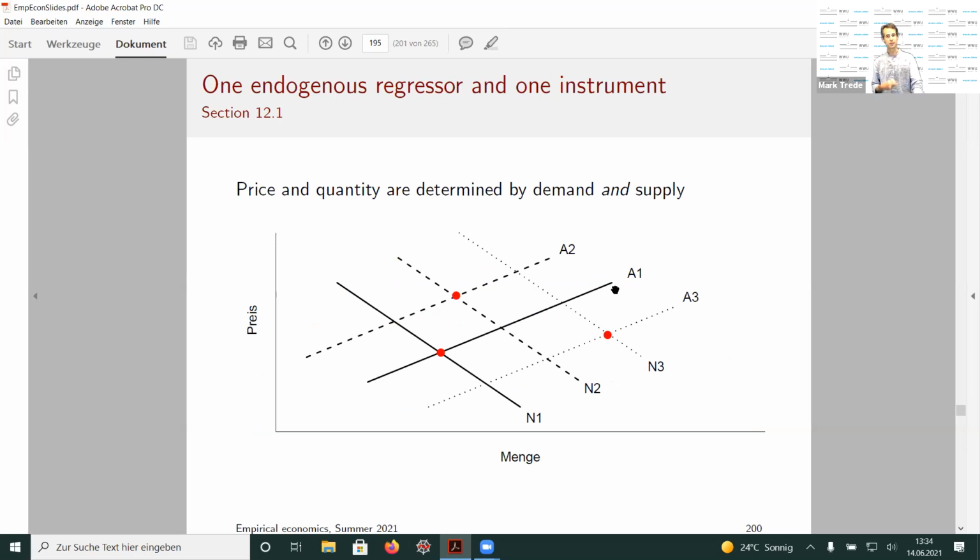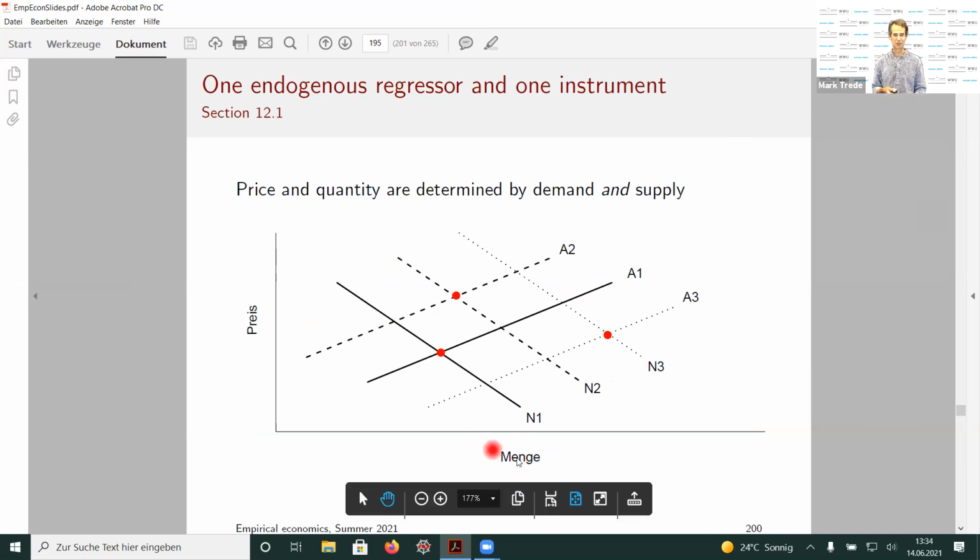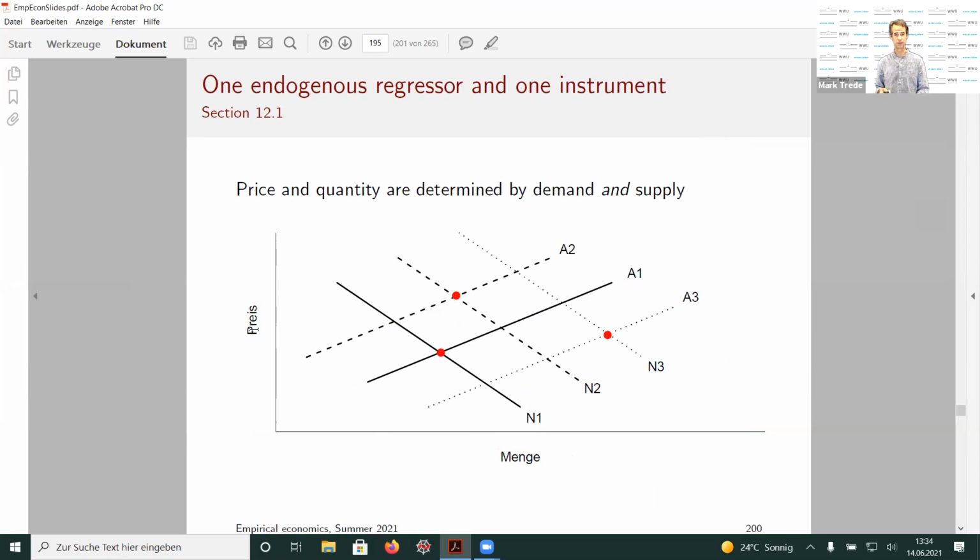And if we recognize that the price and the quantity that we can actually observe, it's still written in German here, so if the quantity here and the price here that we observe on the market, if we recognize that these values are not only influenced by shifts in the demand or supply curve, but by shifts in both curves at the same time, then it's really hard to say something about the price elasticity if we only look at these red dots.